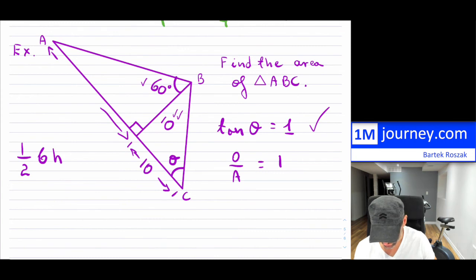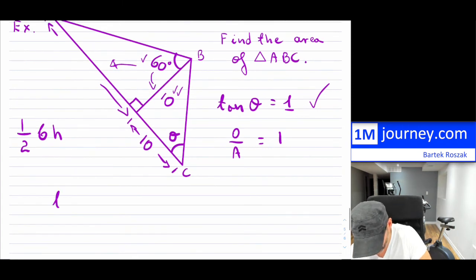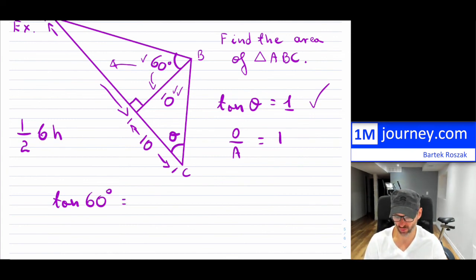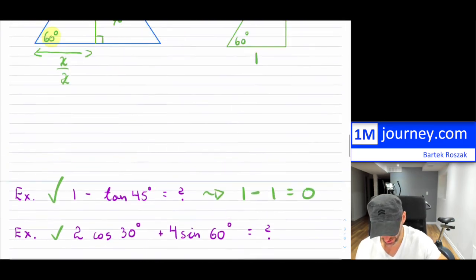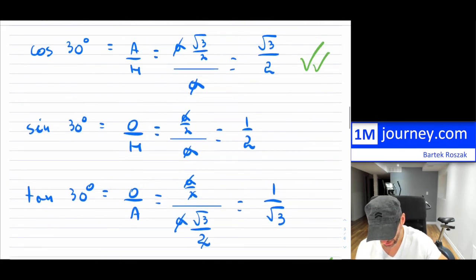What I can use is the opposite over the adjacent, and that's going to be 10 tangent of 60. Now, what is the tangent of 60? Let's go back in here. Remember that tangent of 60, where was it?